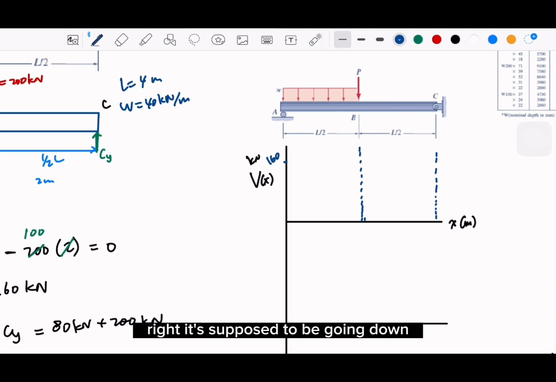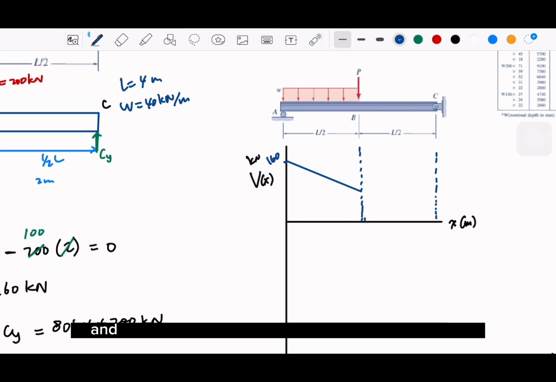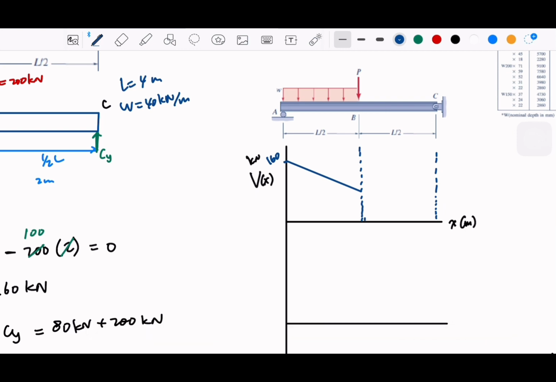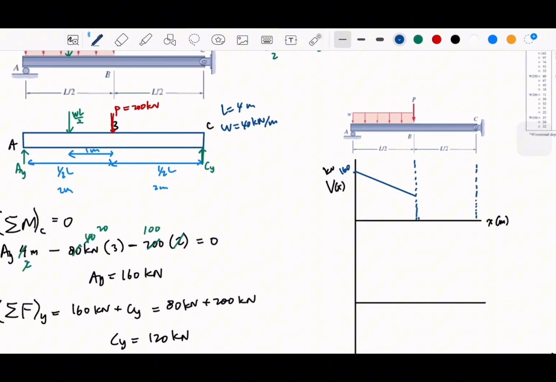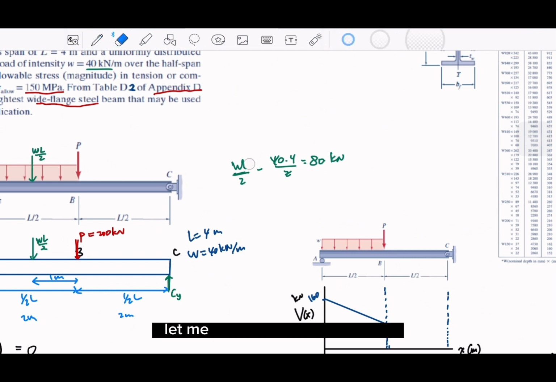So it's taking a negative slope, but it's linear, so it's supposed to be like that, okay? And then to get a more constant P, constant P is 200. Or I think I can show you how. Let me just erase this part first.